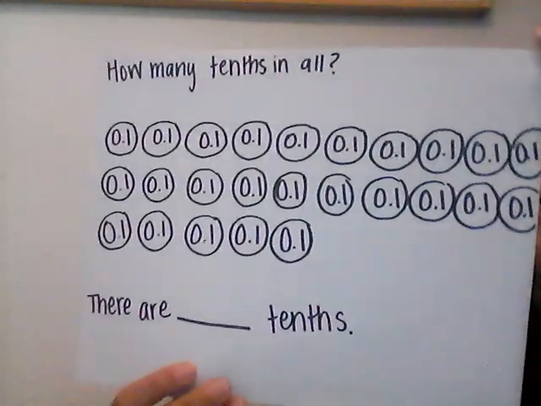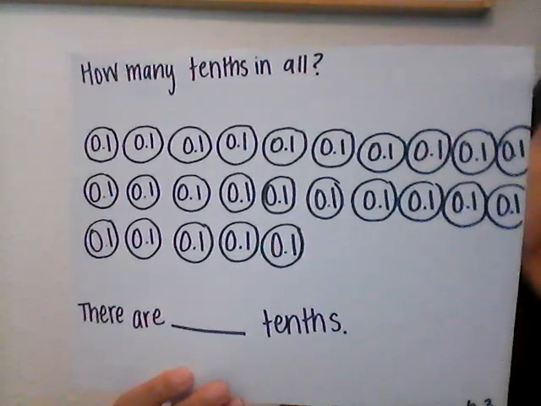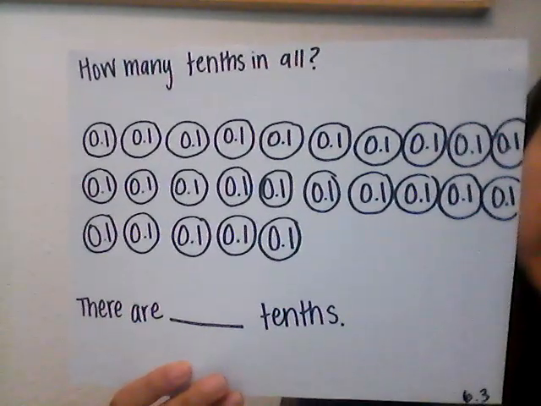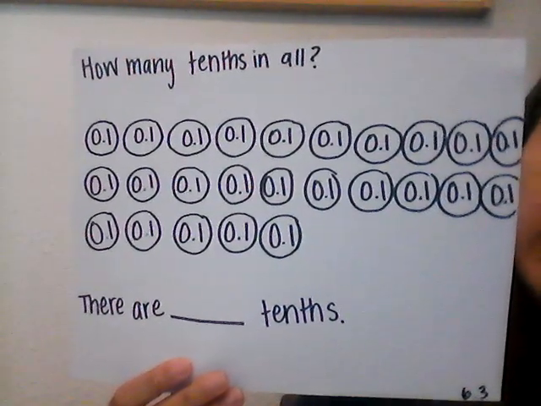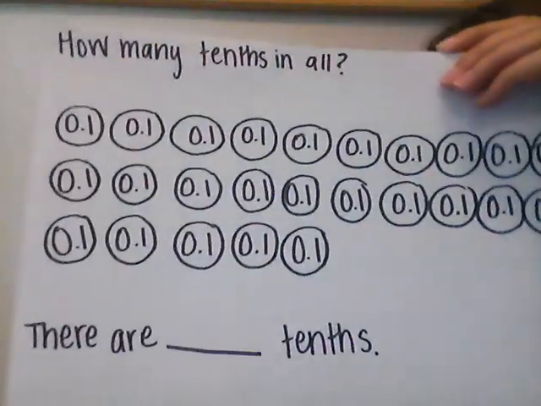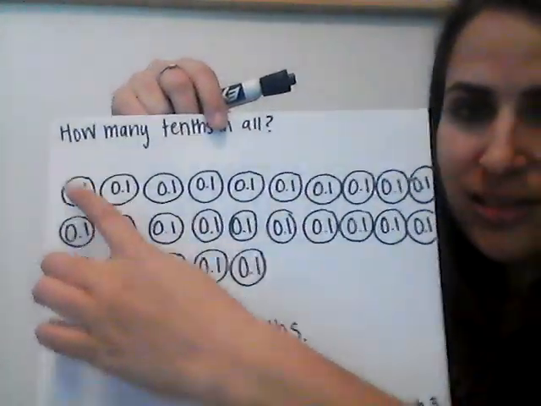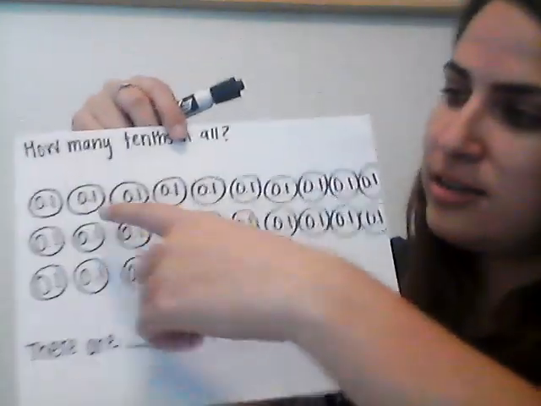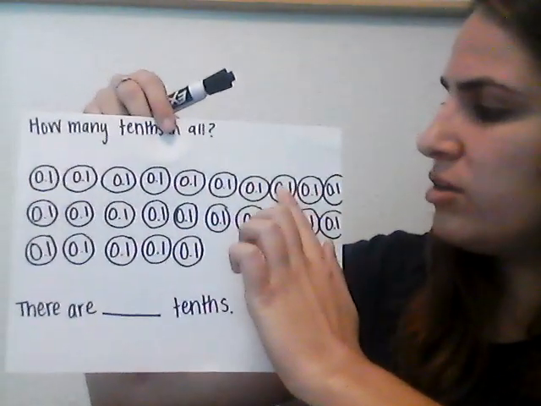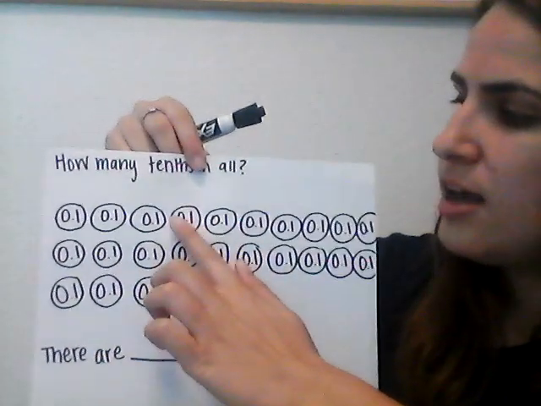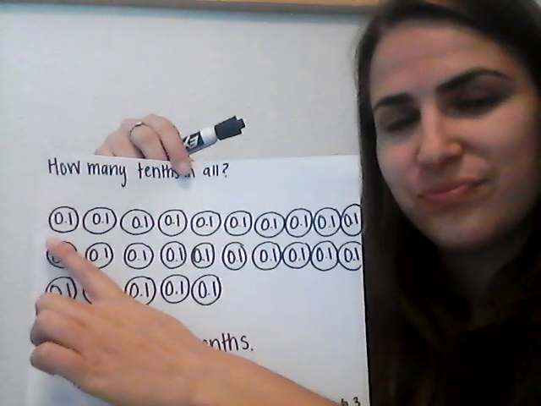I want you maybe to think back to Module 1 when we were studying place value charts, and we did a lot of regrouping. So maybe you saw that when you add together 10 tenths, remember this whole line shows us 10 tenths. Let's see, I'll go from this side. 1 tenth, 2 tenths, 3 tenths, 4 tenths, 5 tenths, 6 tenths, 7 tenths, 8 tenths, 9 tenths, 10 tenths.